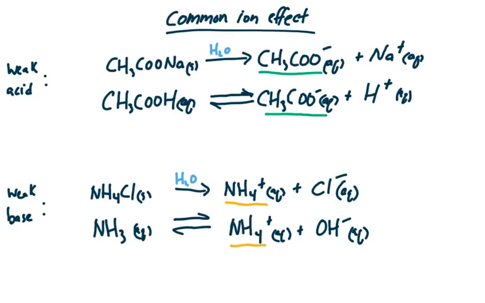So by adding this to solution, I'm going to further suppress the ionization of this weak acid, which means I'm going to have less hydronium and more acetic acid than I normally would if there were not any sodium acetate at all.